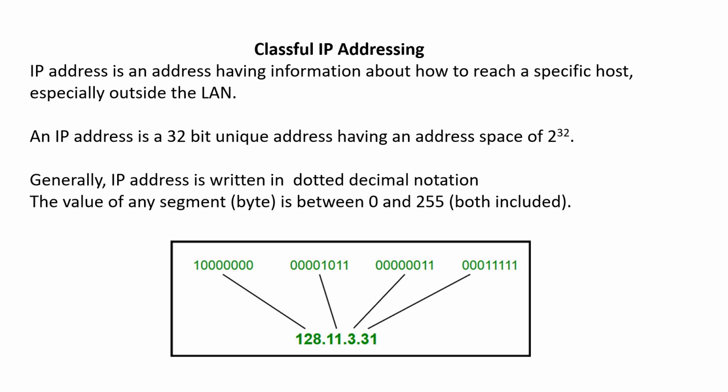The IP address is a 32-bit unique address and has an address space of 2 raised to 32. That is common to CIDR as well as classful IP addressing.